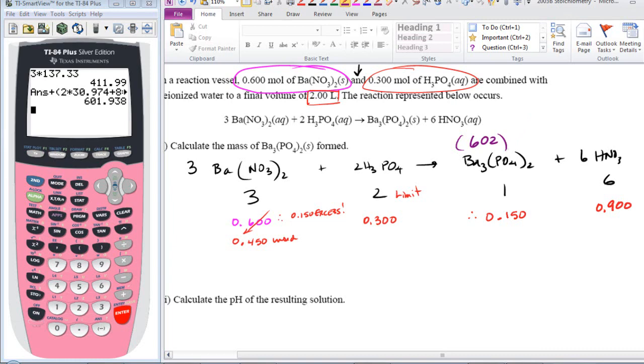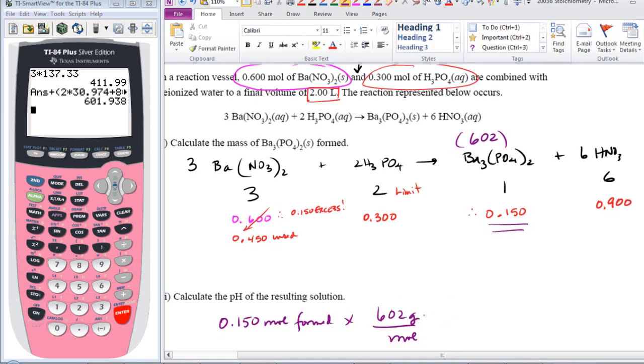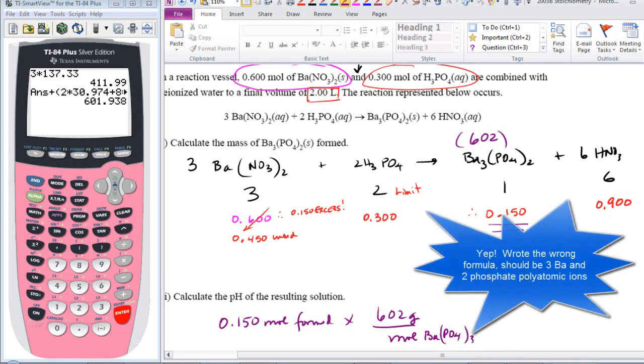And so that number sitting there by the fact I made 0.150 moles. So 0.150 moles formed times, not 6.02, that's a habit, isn't it? 602 grams per mole of barium phosphate equals 90.3. 3 sig figs enough?